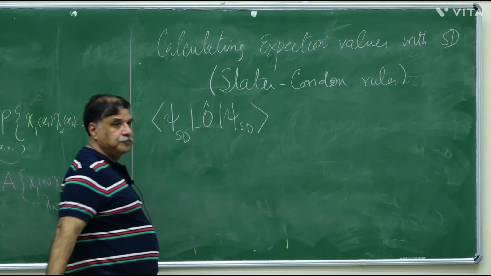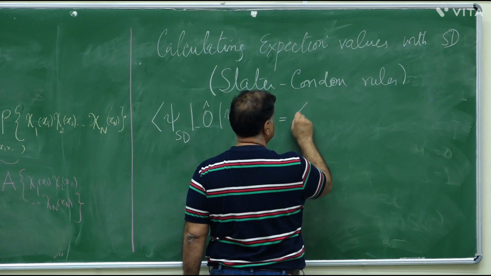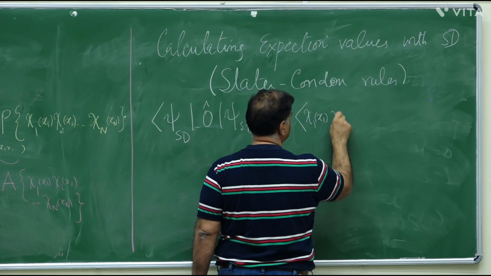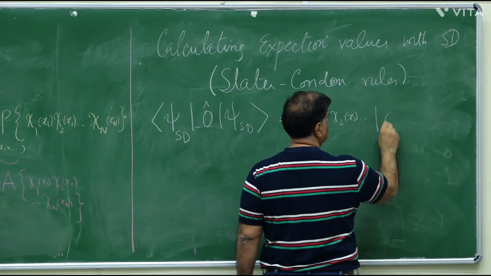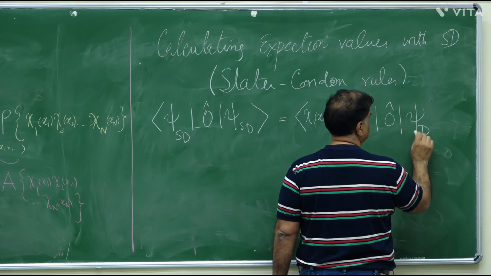O, psi SD, this is going to be equal to the diagonal term, I1 of x1, I2 of x2, all the way, the operator, and psi SD.